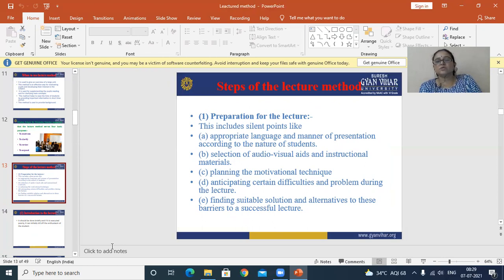Selection of the audio, visual aids, and instructional material. Planning the motivational technique.